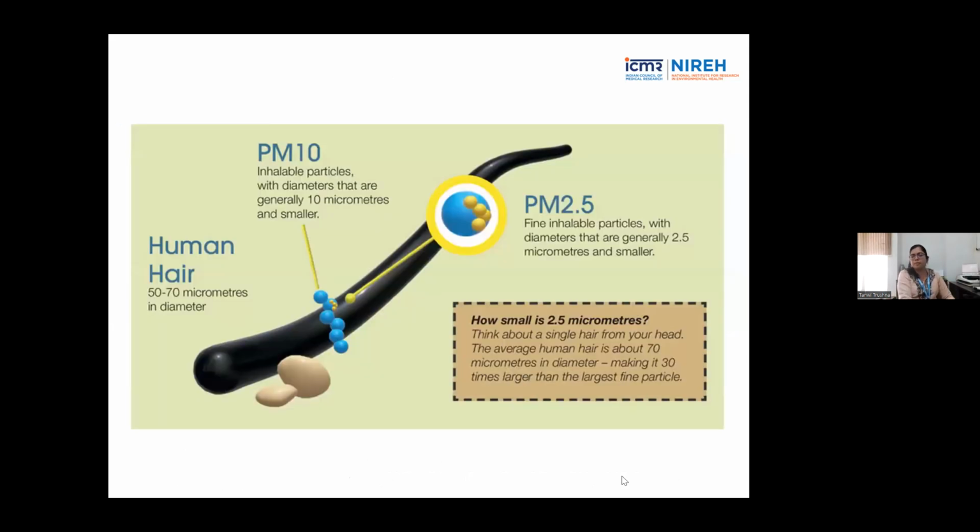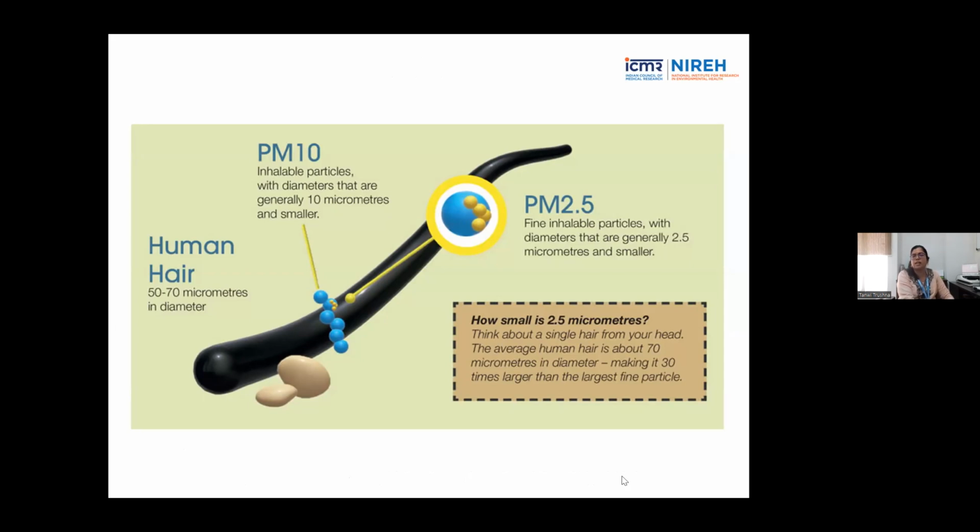Like I said before, particulate matter is divided into different categories just for understanding, because obviously in the environment all these occur simultaneously, but to differentiate their effect on human health, we have divided them based on size.